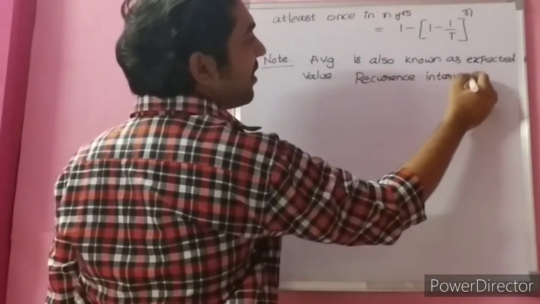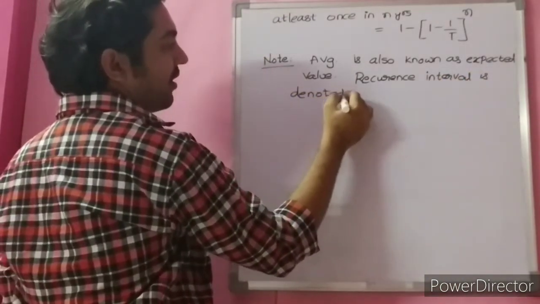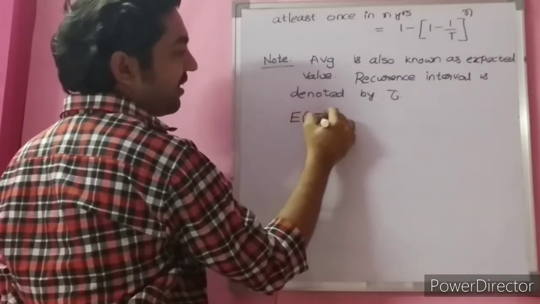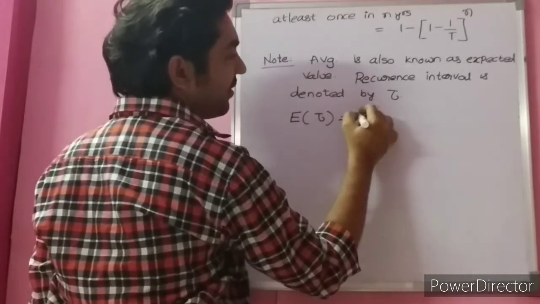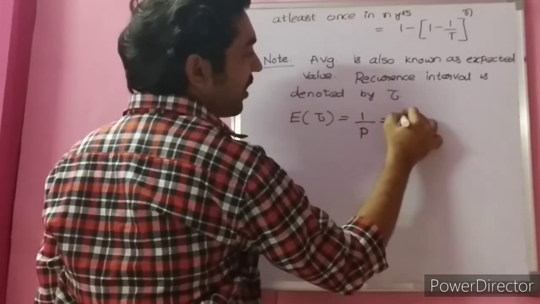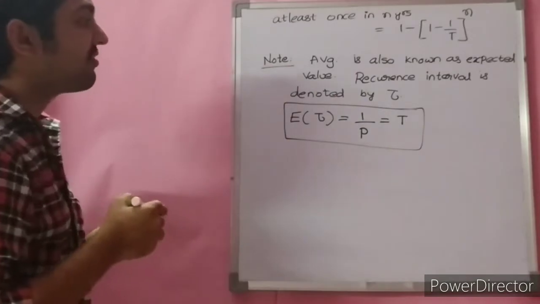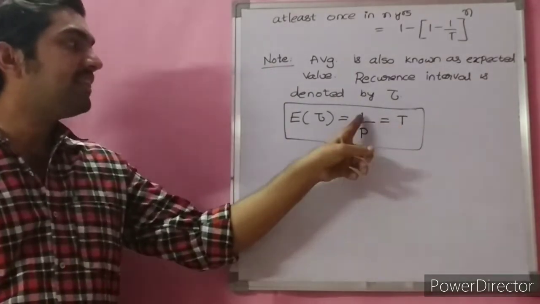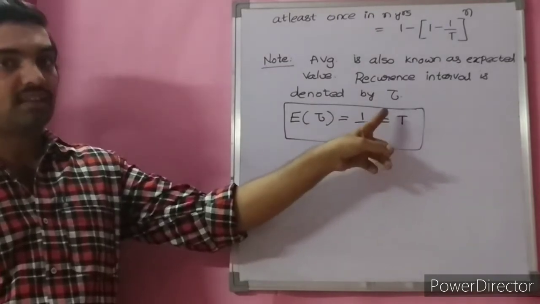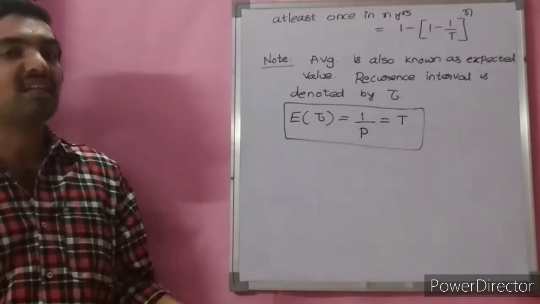The expected value of this recurrence interval is nothing but the return period. Return period is T, which is equal to 1 by p. The expected value of the recurrence interval is nothing but return period T, which is equal to the reciprocal of probability. What is the probability that a flood will occur once in T years? That is p, the probability of occurrence of a flood.